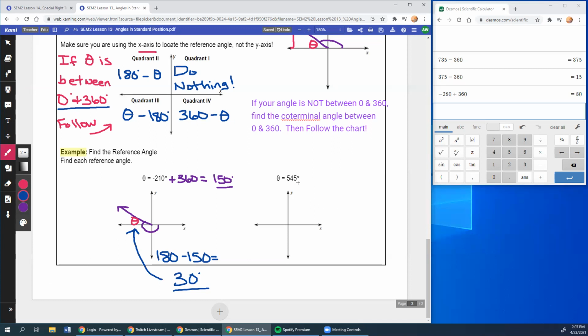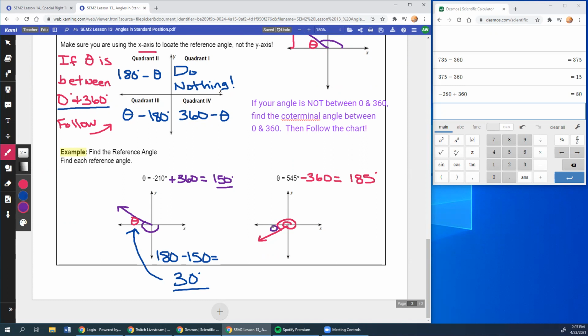All right, our next one, 545. It is not between 0 and 360. So we're going to start by subtracting 360 to see if that will help. And it does, 185. And I accidentally forgot to draw it. Let's place 545. It's going to be somewhere right there.